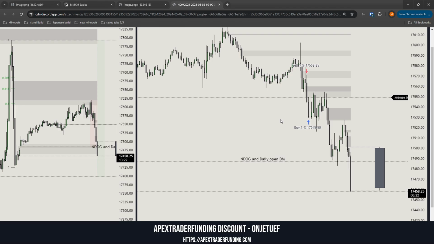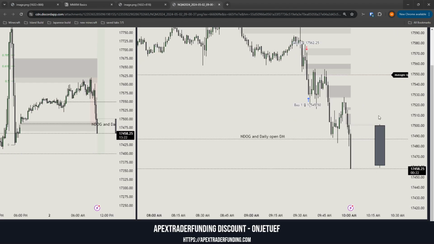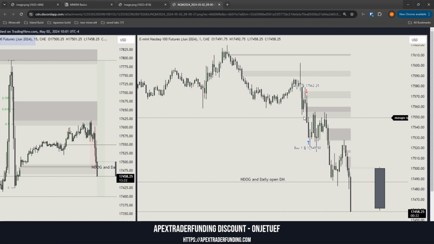Like, that's all you need. And it cooled off a little bit, kept going, cooled off a little bit, kept going, blew right through that devil's mark. So that is not really a market maker model. I mean, kinda on a bigger scale, but kinda not really.